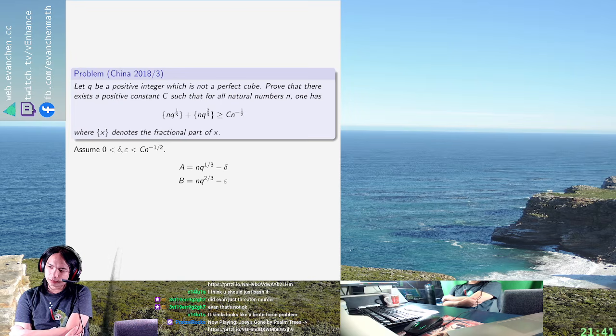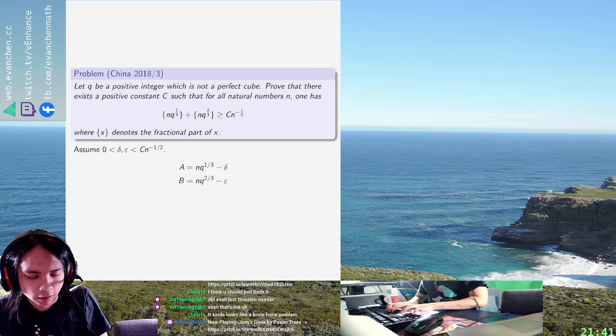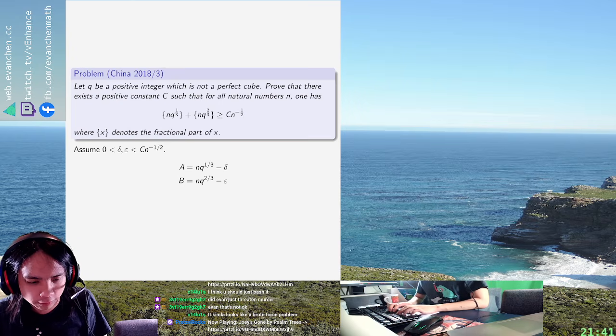The problem is the n squared delta term. Well, whatever, let's give it a shot. Desperate times call for desperate measures.